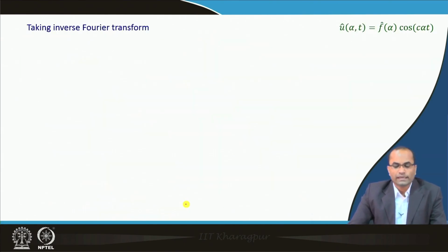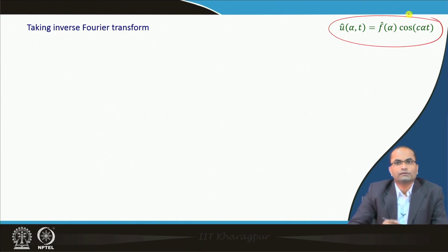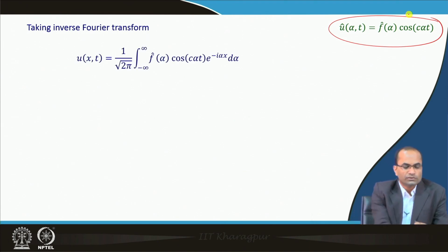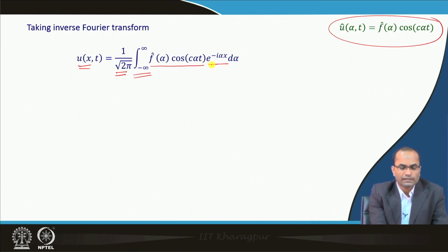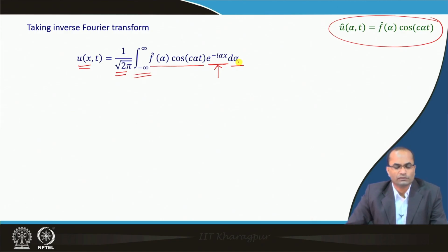So, now we need to take the inverse Fourier transform of this u hat alpha t to get back to u x t. So, this u x t will be 1 over square root 2 pi, and we have this inverse Fourier transform, that means f hat cos c alpha t, and then because of this inverse now we have e power minus i alpha x, and then it has to be integrated over d alpha.